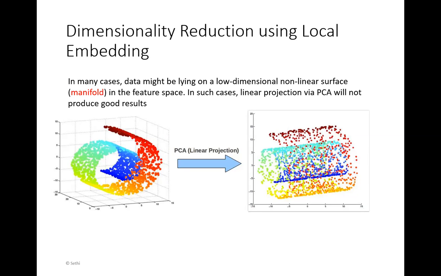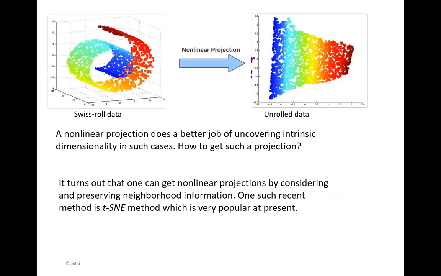So what you can do is make use of some kind of nonlinear projection, which will unroll the data in such a way that it takes into account the local neighborhood relationships, such that when you do that projection, you end up with the result shown on the right-hand side.